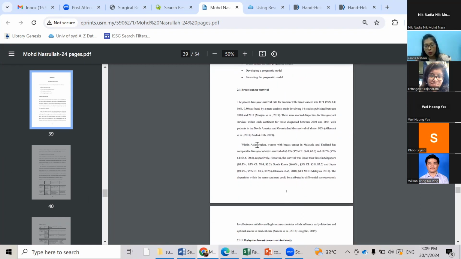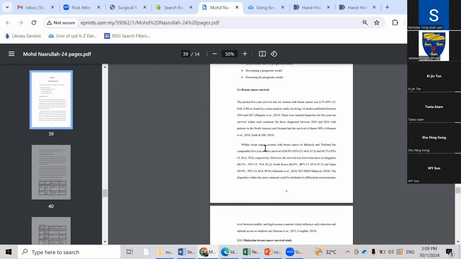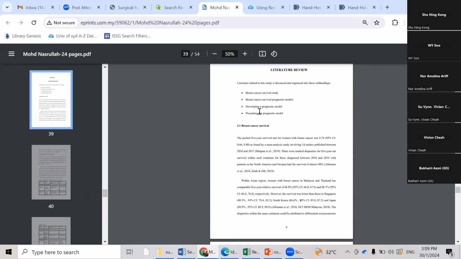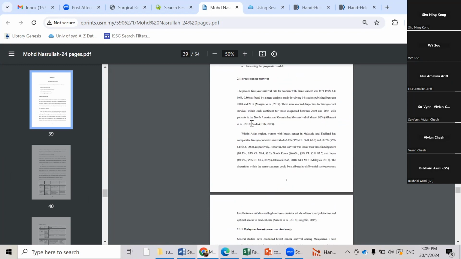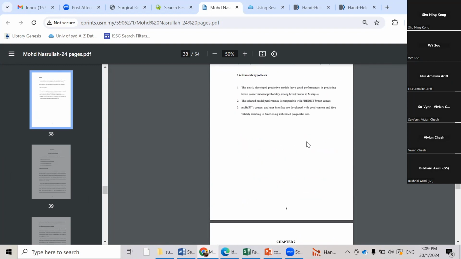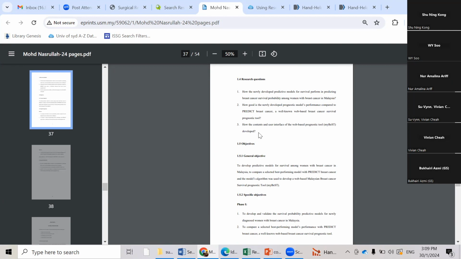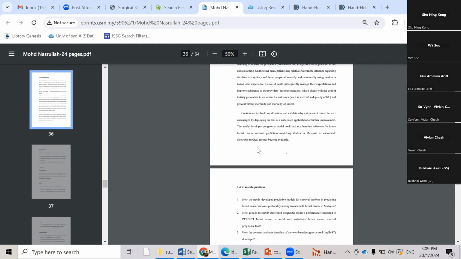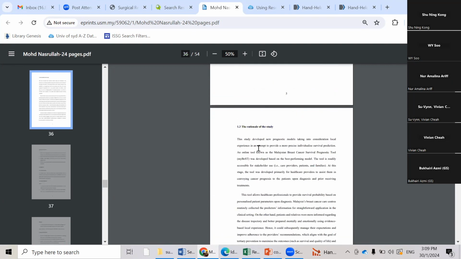This is how a nicely written literature review looks, with the subheadings. Of course, you have the background and a research question in your first chapter. I'm just refreshing things for you.